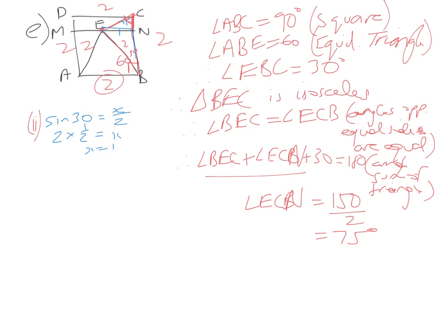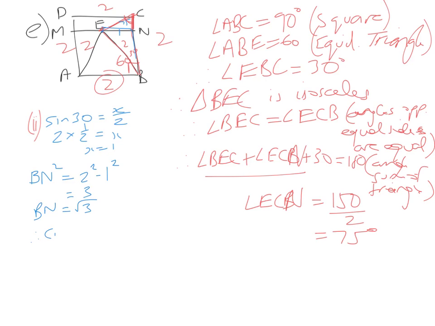Because now we can use Pythagoras, so BN squared is going to equal 2 squared minus 1 squared, which gives us 3, so BN is the square root of 3.